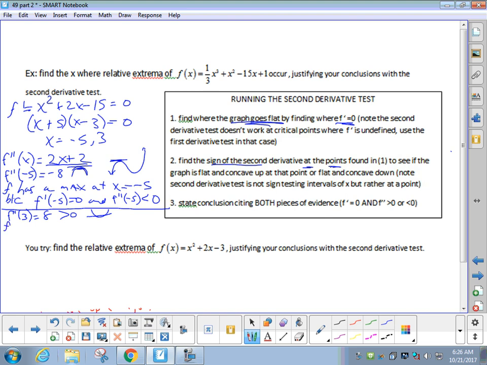So our conclusion is f has a relative min at x equals 3 because f prime at 3 equals 0 and f double prime at 3 is greater than 0. So that's the evidence for the second derivative test. That's what it looks like. Hopefully that's how you did.